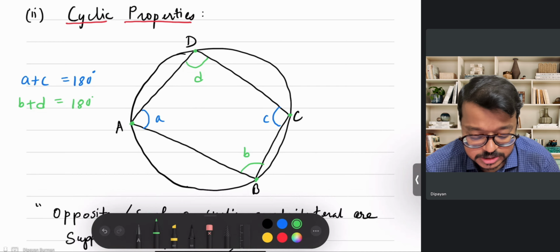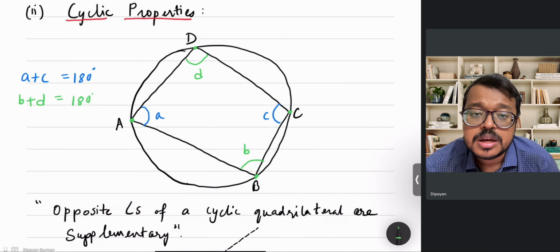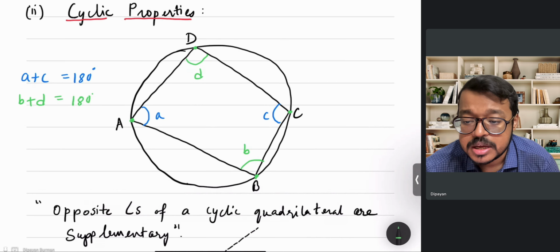One property is that the opposite angles of a cyclic quadrilateral are supplementary. Supplementary is when any two angles add up to 180 degrees. So here the opposite angles are angle A and angle C. Another pair of opposite angles are angle B and angle D. They will add up to 180 degrees.